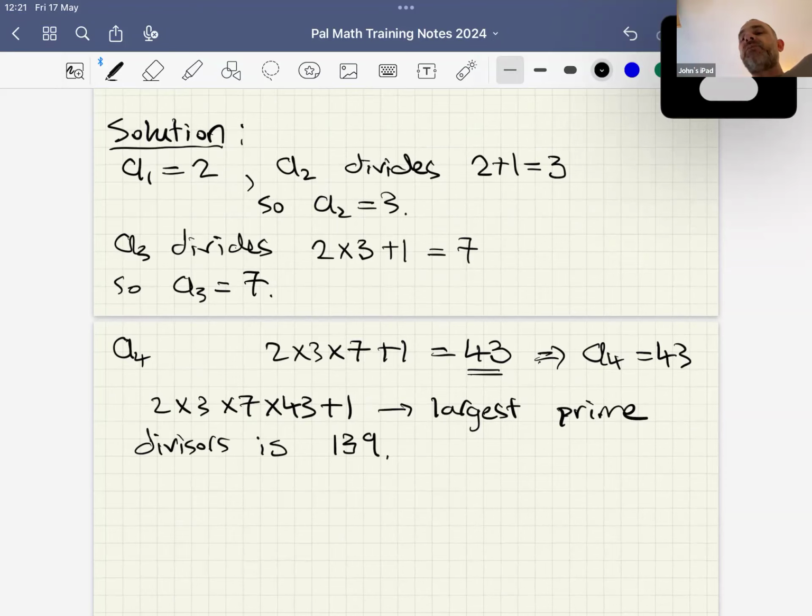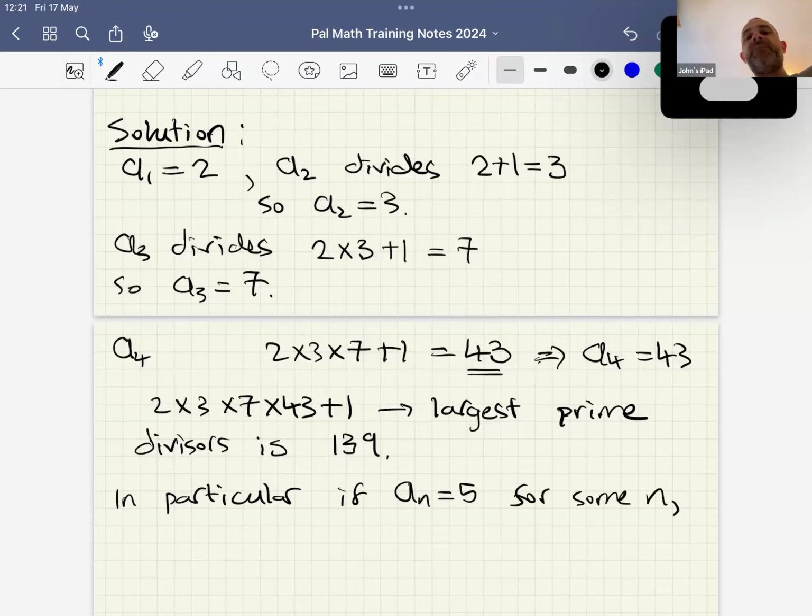Okay, so what we can conclude from the above, in particular, notice if AN is equal to 5 for some n, we can immediately say that n is, well, A3 is 7, A4 is 43, A5 is 139, so n has to be strictly bigger than 5.